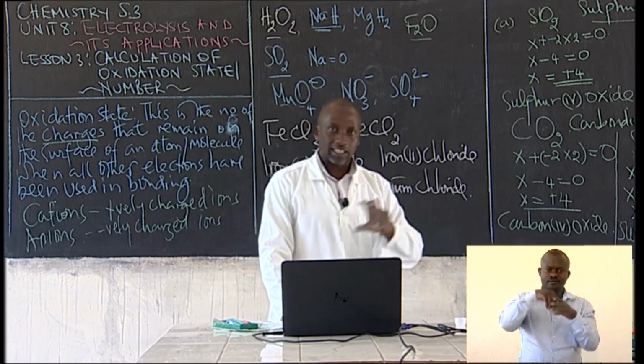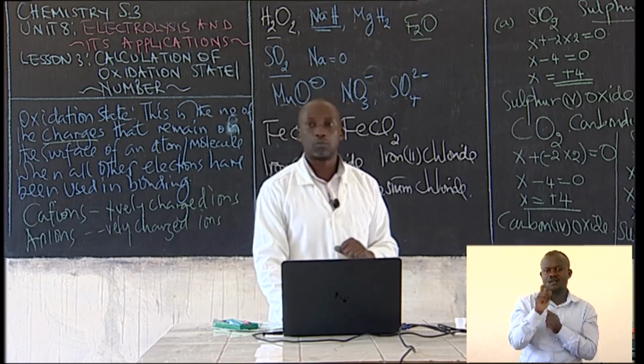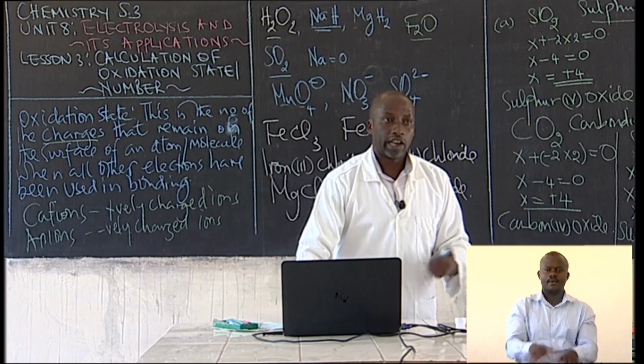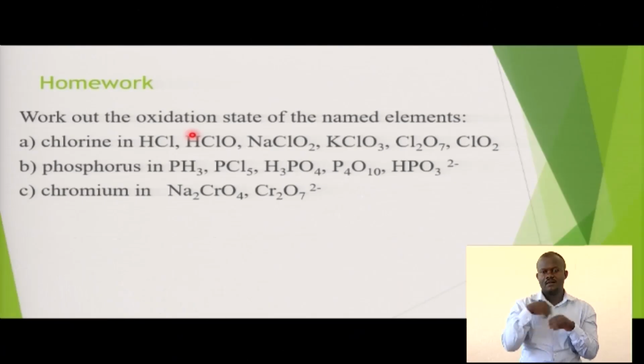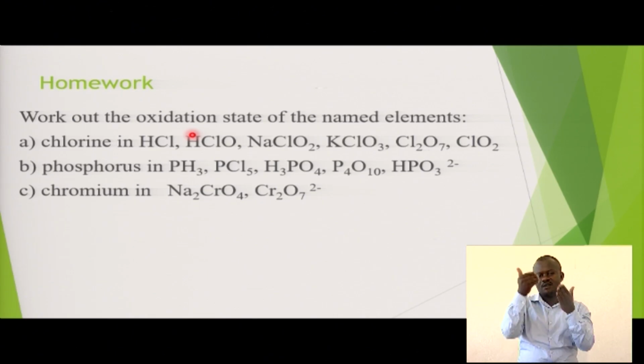In balancing complex reactions, for us who always balanced simple reactions, they can also help. Number 3, I can just leave you with the homework. Try that one, please. It is just as simple as swallowing the ugali.